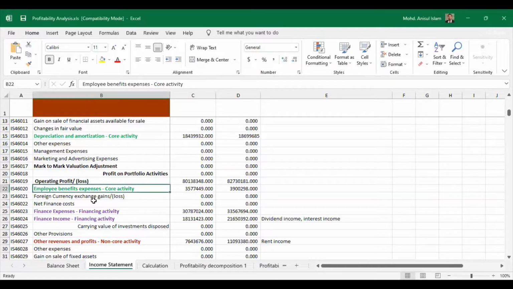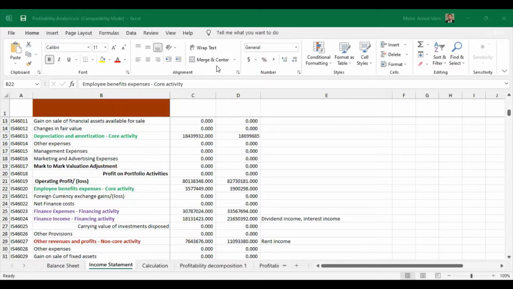Again, I was asking about the employee benefit expenses. It has been shown after the estimation of the operating profit. But what I'm asking is, do you think it should be subtracted before calculating the operating profit, or should it come after calculation of operating profit?